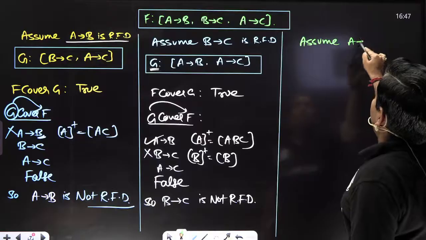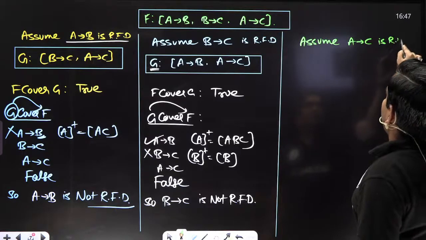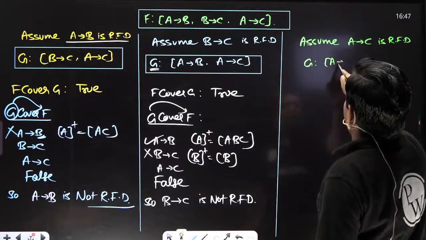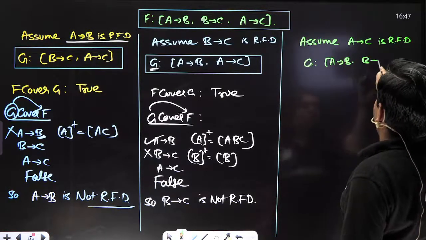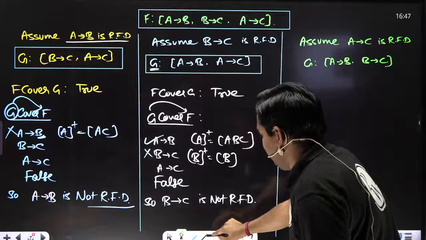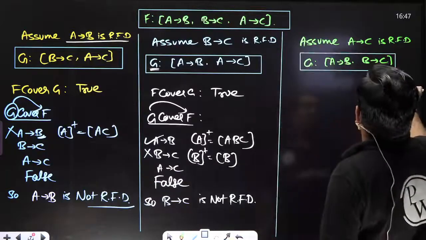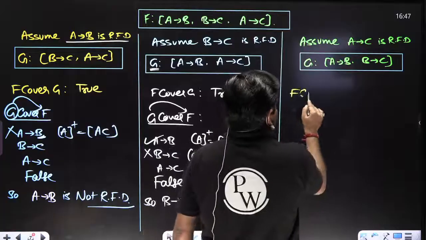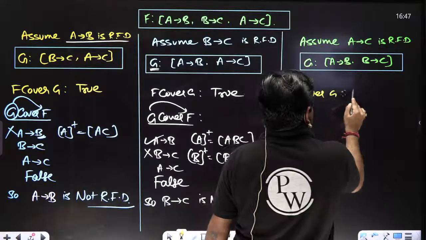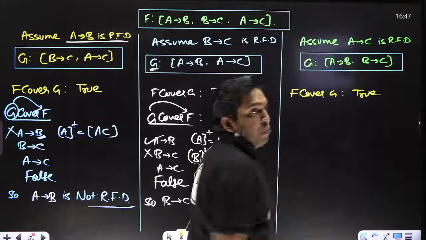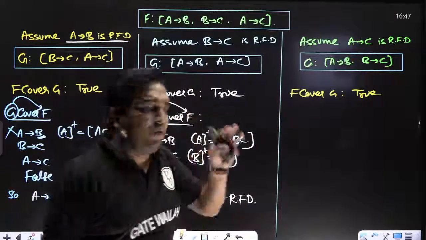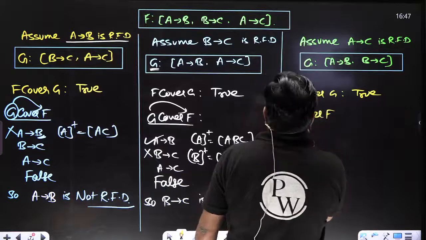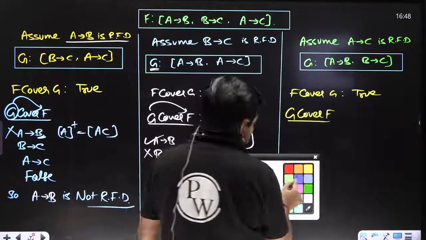Assume A tends to C is a redundant FD. So what is the new FD set? New FD set is A to B and B to C. First of all, F covers G, that is true. Second, G covers F. What do we do in G covers F?